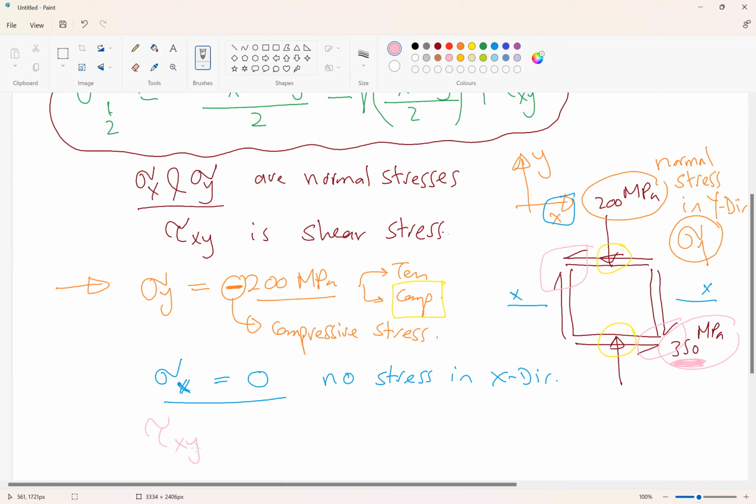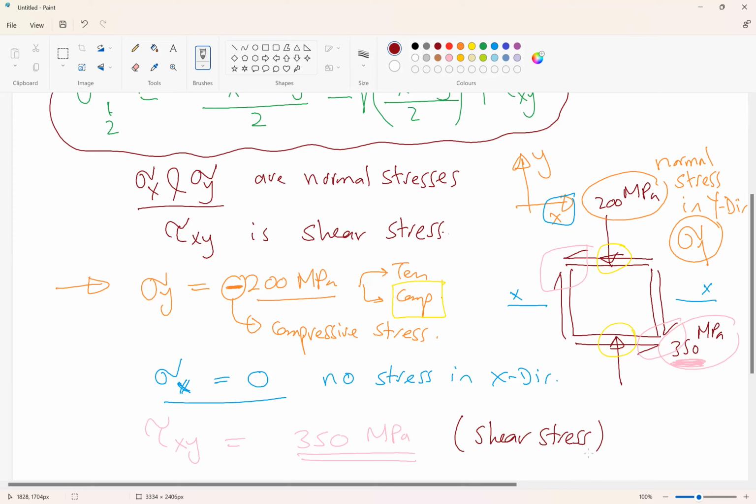So we have tau xy is 350 MPa. So we have shear stress in this problem equal to 350 MPa.